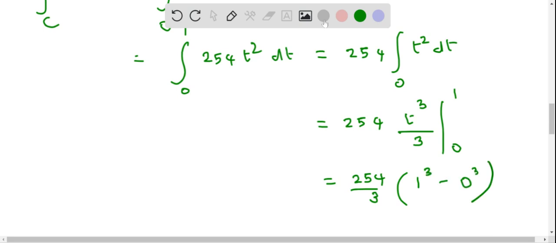So this basically is 1. Can erase this and just put 1 over here, which means it is 252 over 3. And when we simplify this using the calculator, we get 84. This is approximately 84. So this is the line integral of the vector field around the line segment.